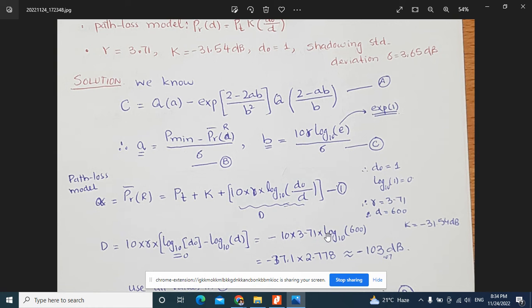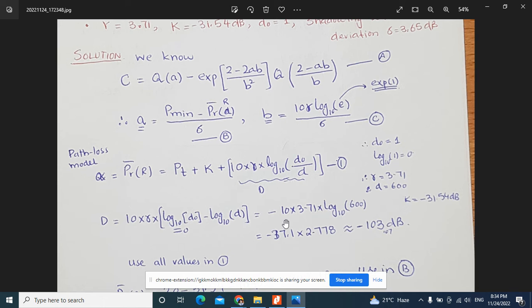If you insert all these values, the value is 37.1 multiplied by 2.778, which is approximately equal to 103 dB. And we already know that the value of K is minus 31.4 dB.